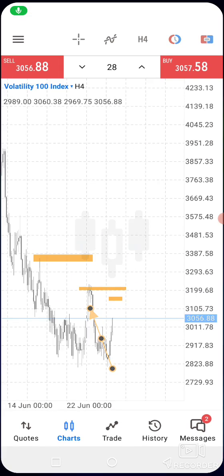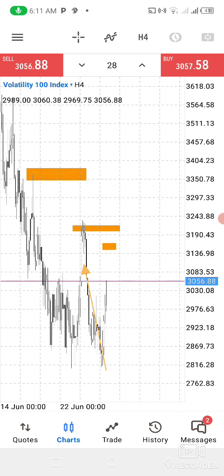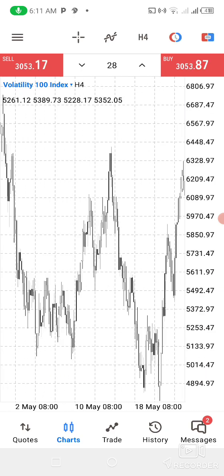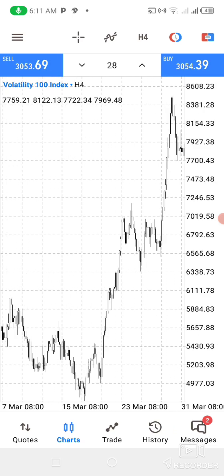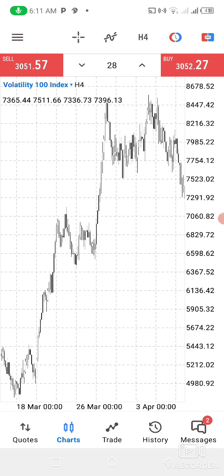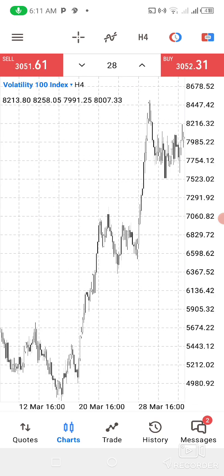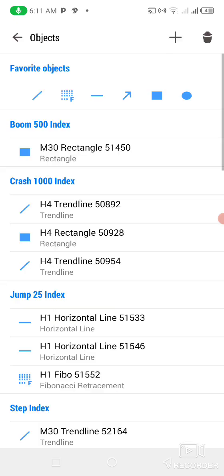So let's try and check. We are using H4. Can we get a market that is actually making higher lows?